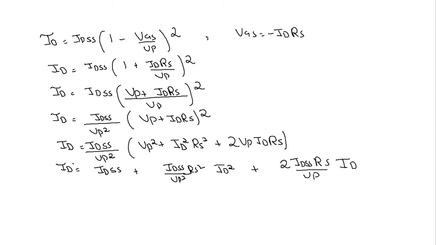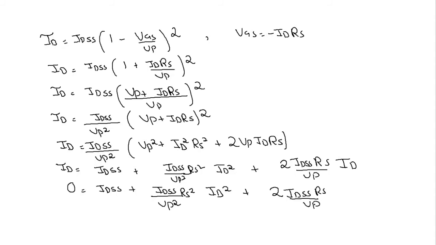So again I am going to shift the ID to this side. I am going to have 0 is equal to IDSS plus IDSS divided by VP whole square into RS whole square into the ID square plus 2 IDSS RS divided by VP minus 1 into ID.